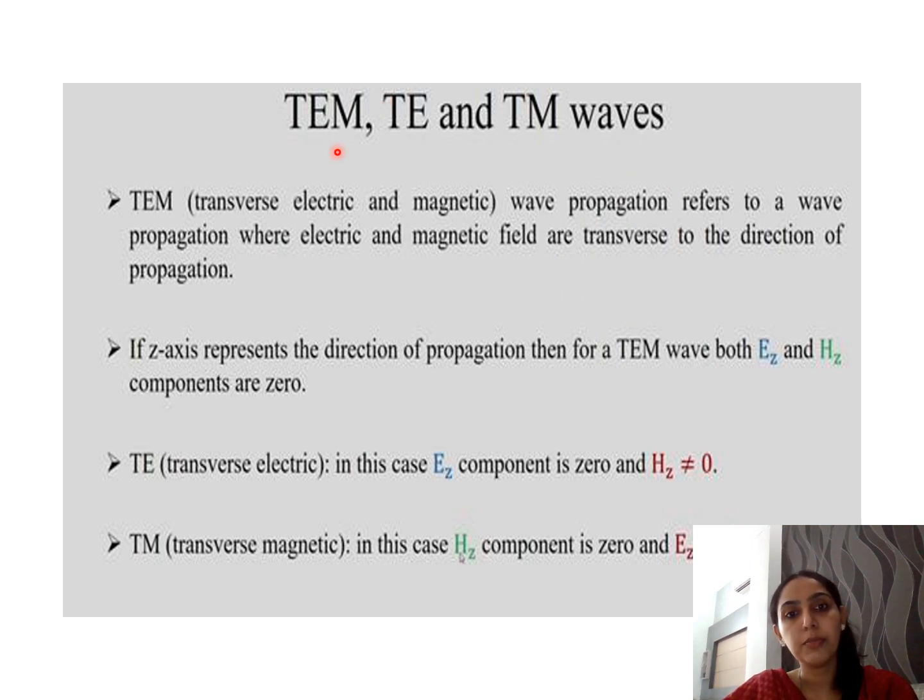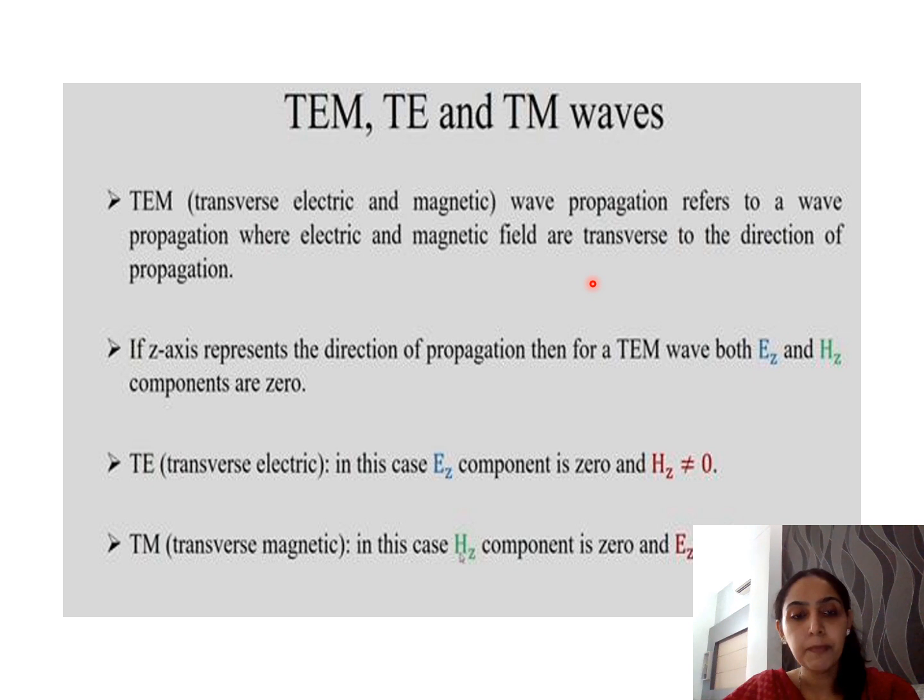Let us refresh what we mean by TEM, TE and TM waves. TEM, transverse electric and magnetic wave propagation, means a wave propagation in which the electric and the magnetic field both are transverse to the direction of propagation.